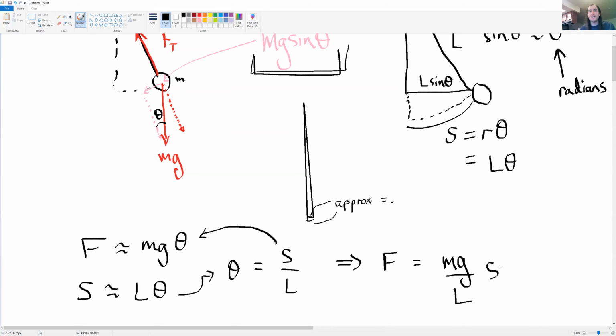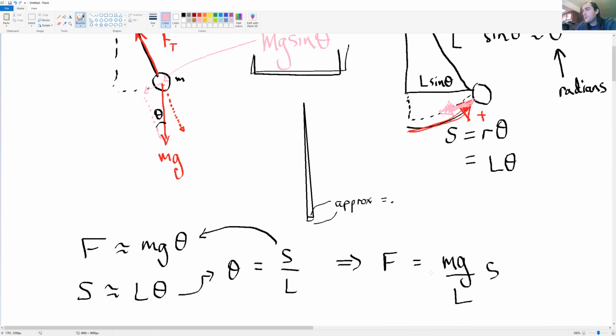Now notice one key feature of the pendulum. If I take S to be positive in this direction, then my force is negative. My force is in this direction, right? So again, we have a situation where the force is in the opposite direction as the displacement.